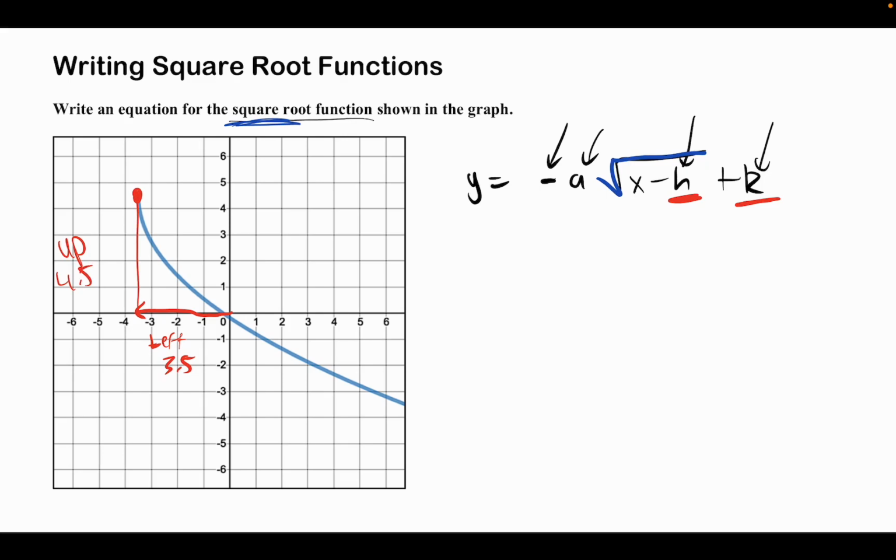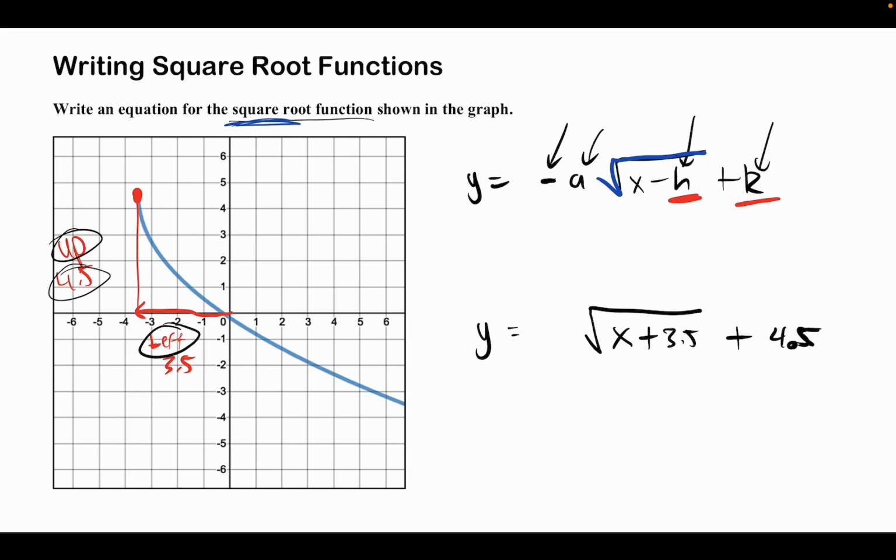So because of those features, we should know that underneath the square root, when it goes left, think opposite, right? There has to be a plus underneath, and then 3.5, that would force the graph to be translated left 3.5. And then for it to go up, you would have to plus outside of the root, and it went up 4.5, so you could put plus 4.5 right there, right?